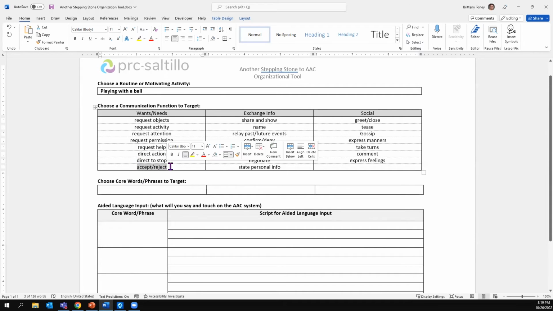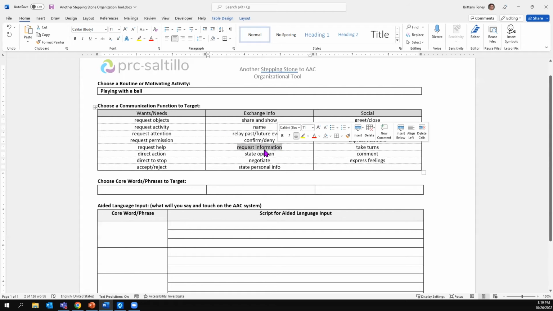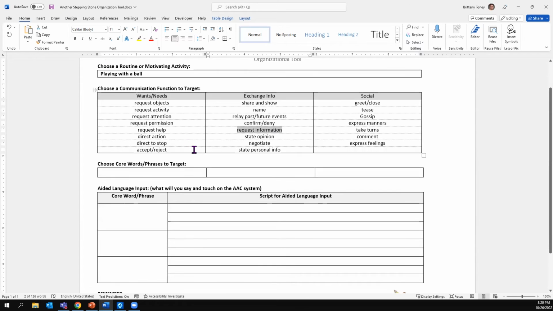No kick ball, we could accept or reject. We could share that, boy kicking ball, right? So we can share that information with others. We can request information. Who is kicking the ball? So there are lots of different ways that you can target these ING verbs within those functions of communication.